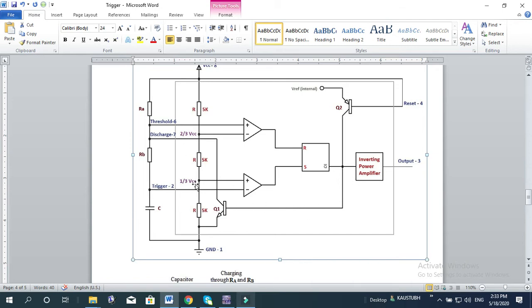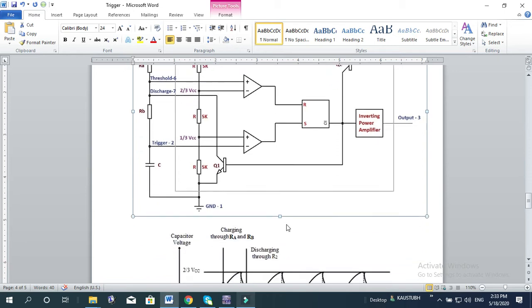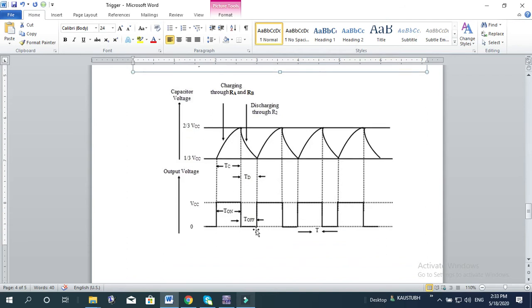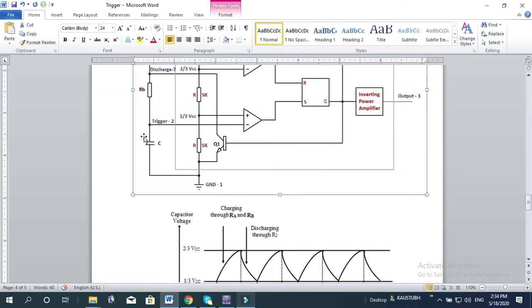The output voltage and the capacitor voltage can be shown here. This is the output voltage and this is the voltage across the capacitor C. Now see, during the on time, when the capacitor is charging, it charges up toward VCC through RA and RB.